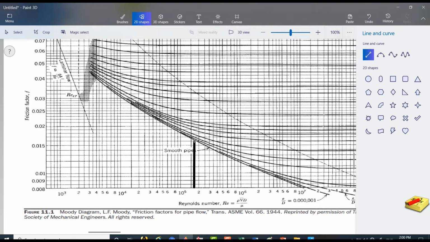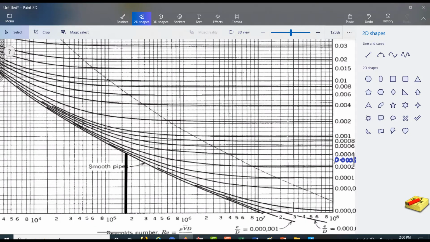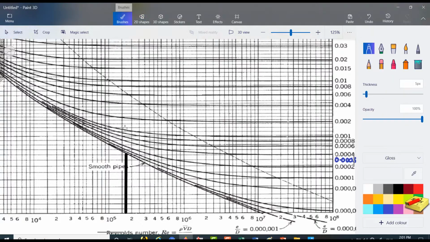Then you have your relative roughness going here, and we intersect somewhere here.